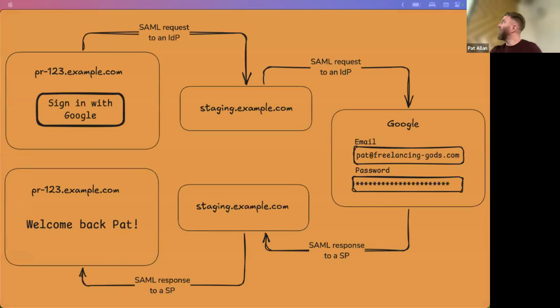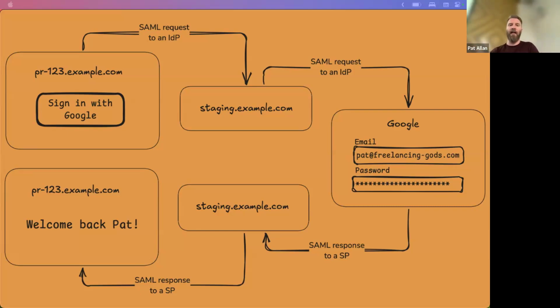So instead, please bear with my very basic diagrams here. We're using our staging server as a bridge, because our staging server essentially can operate as an IDP as well. And it can be flexible about the URLs that it sends back to because we control it. So the PR app still functions as a service provider.